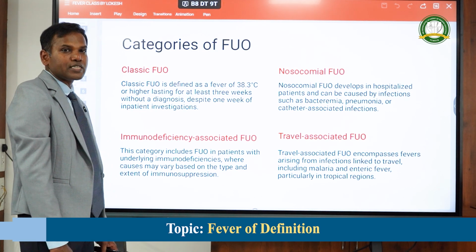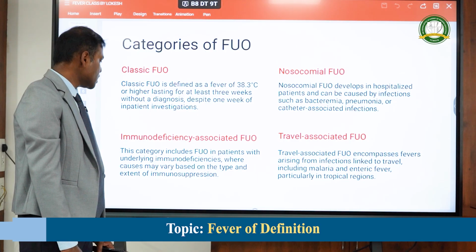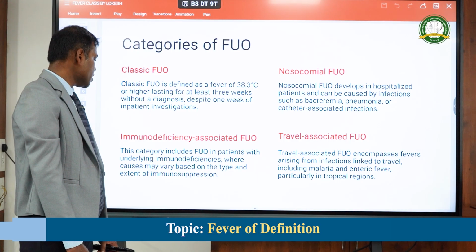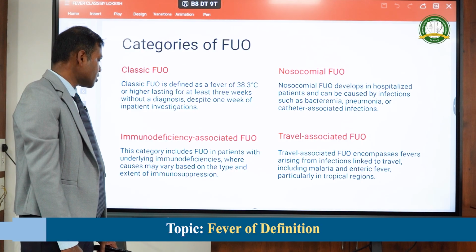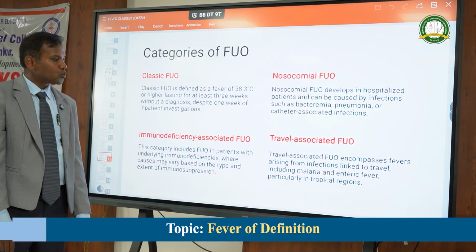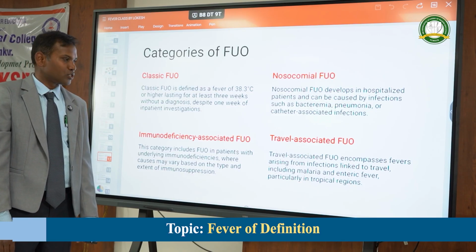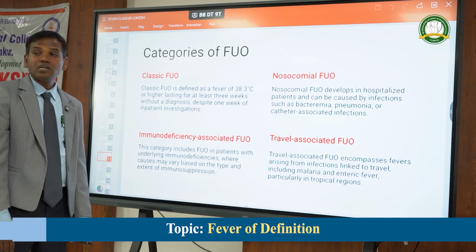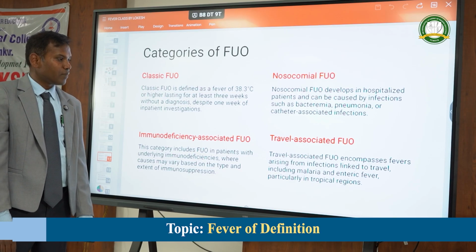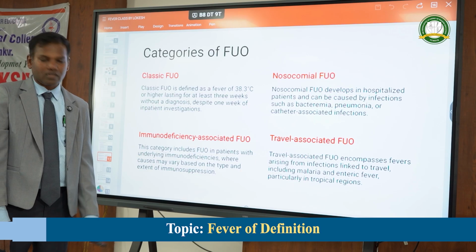Immunodeficiency associated FUO includes pyrexia of unknown origin in patients with underlying immunodeficiencies, where causes may vary based on the type and extent of immunosuppression. One more important one is travel associated pyrexia of unknown origin, which encompasses fevers arising from infections linked to travel, including malaria and enteric fever, particularly in tropical regions.